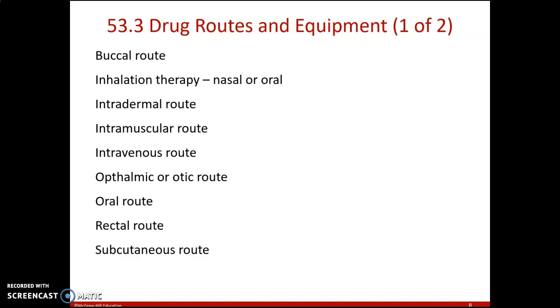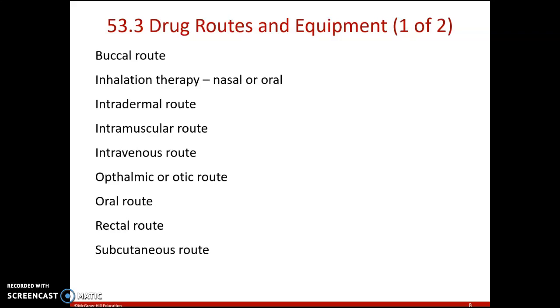So let's see. We're going to go through a couple of these. Buccal and sublingual usually means placed in the mouth or under the tongue, although they do not follow through the GI tract. Instead, they are absorbed through the vasculature in the mouth. So they don't go through the stomach or the intestines.